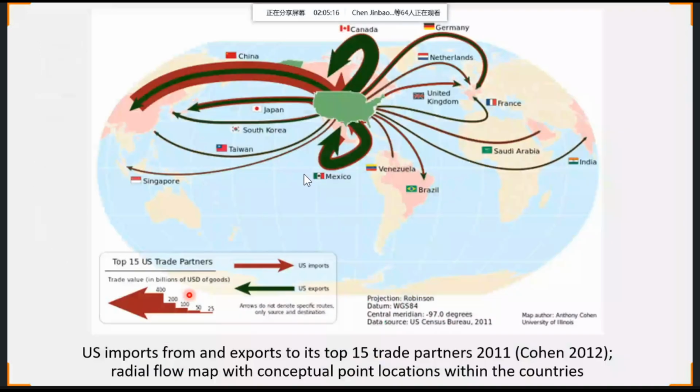Or that one here, this is about import and export from the United States. So imports from and exports to the United States, based on the 15 most important trade partners in 2011. And this is a radial flow map with conceptual point locations within the countries. So of course, here, for example, this arrow points towards Brazil, but it's not a big city or something like that.